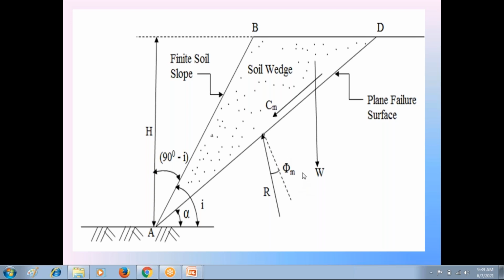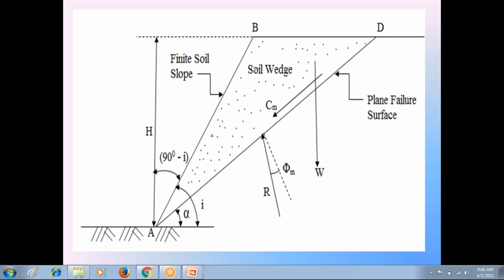In geotechnical engineering, this mobilized angle of internal friction phi m is equal to phi divided by factor of safety. That phi is called the angle of internal friction of soil in the natural condition. We brought this soil from the borrow area.